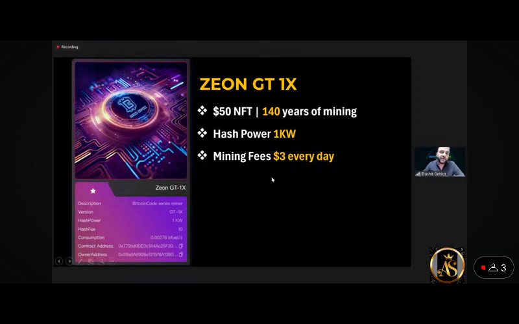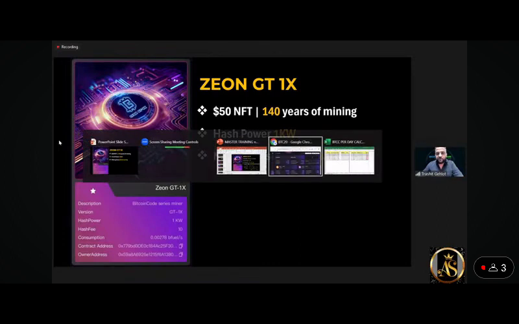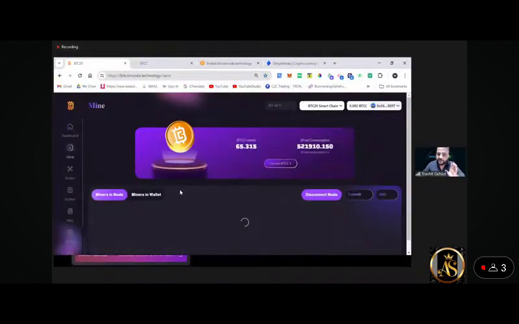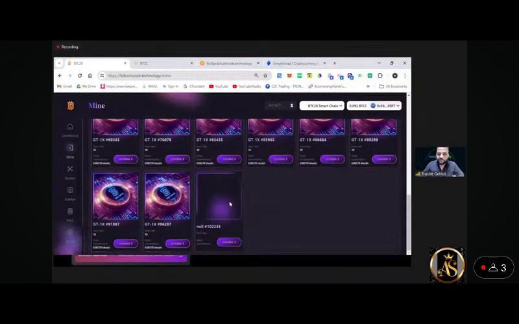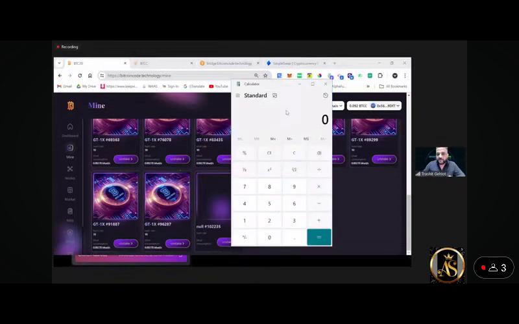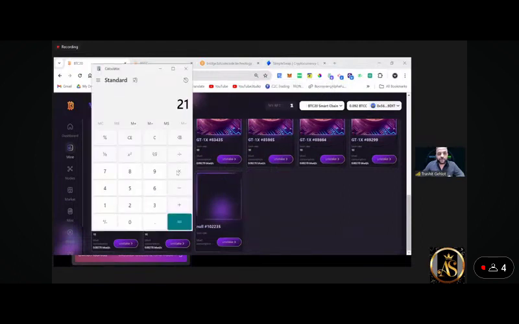It's $3 every day. So if I'm having over here 21 NFTs of $50, these are all $50 NFTs, right? So 21 NFTs, they are going to cost me $3 for each NFT. That is 21 into 3, $63 every day.